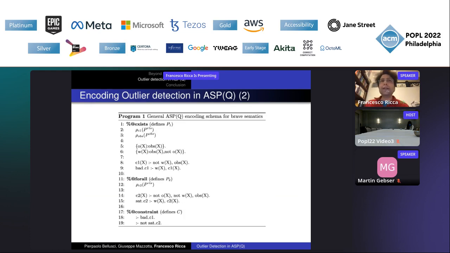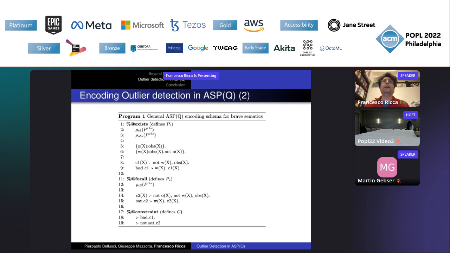So there exists what? A program. We take the original program P rules and we put it inside function symbols with predicate C1. The same for observations. Then we guess observation and witness, rule 5 and rule 6. And then we encode in rule 8 and 9 the first condition.